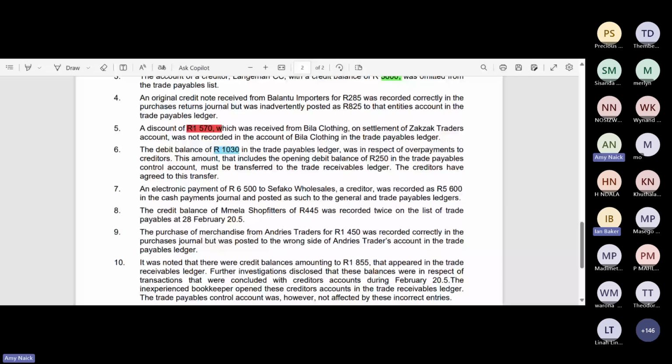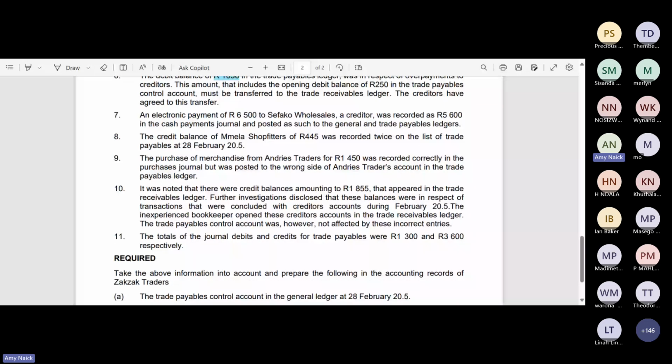Number 7 basically says an electronic payment of 6,500 to Safako Wholesales, a creditor, was recorded as 5,600 in the cash payments journal and posted as such to the general and trade payables ledgers. So there was an incorrect payment recorded on the listing and on the general ledger. We need to correct the control account.